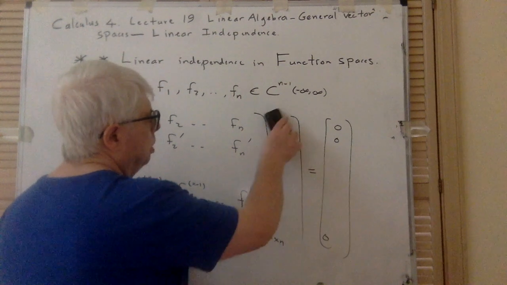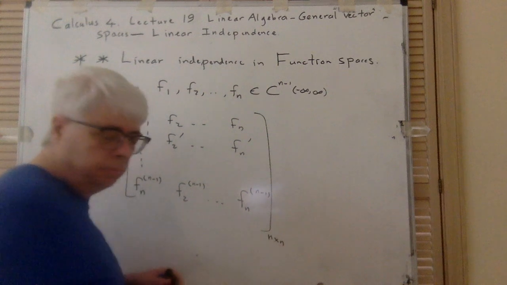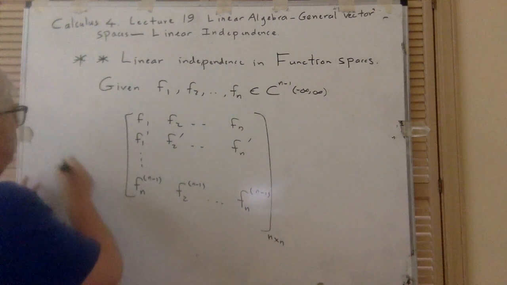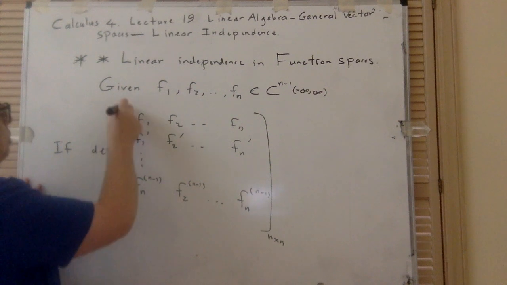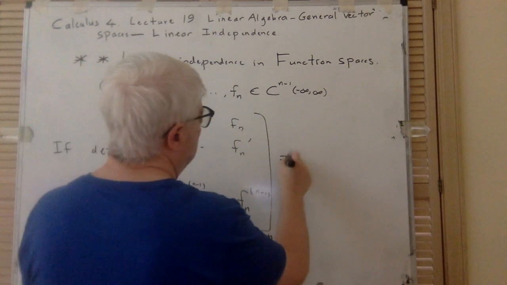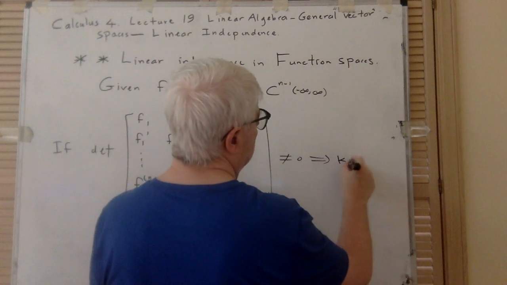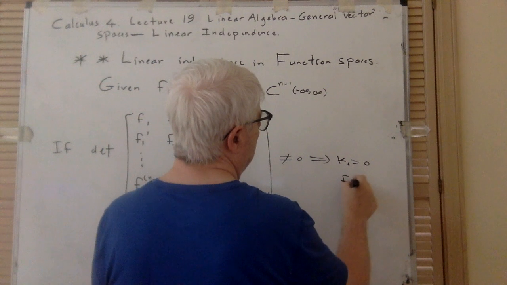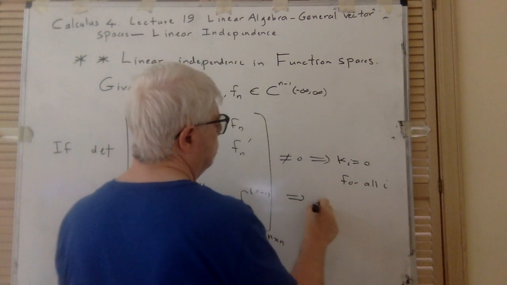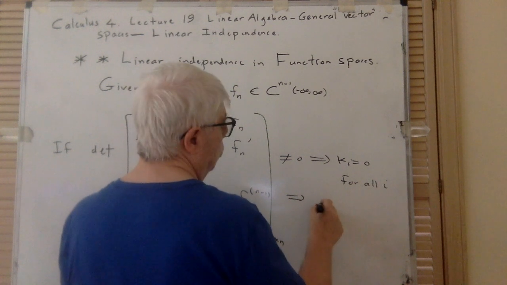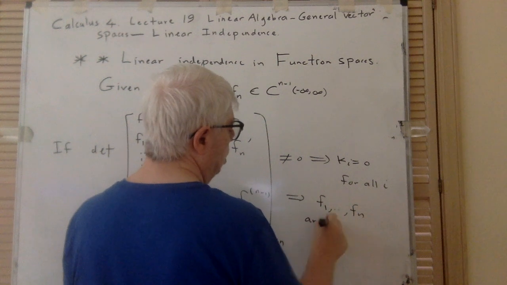Let me erase this and say that if the determinant of this matrix is not 0, then the ki's are 0 for all i, which implies f1 up to fn are linearly independent.